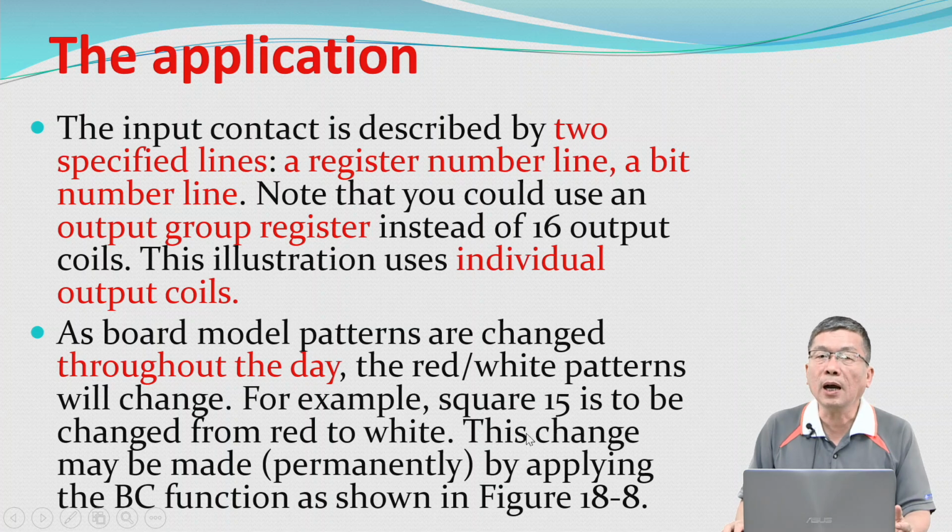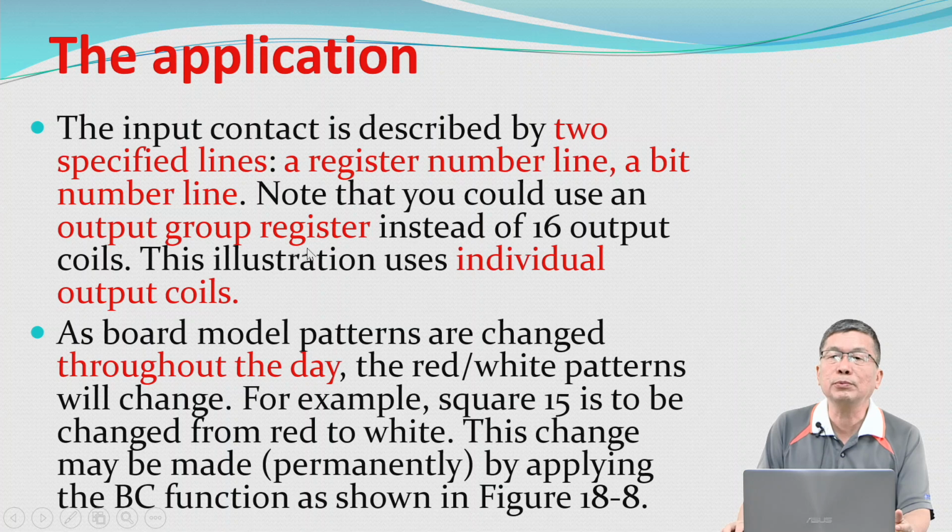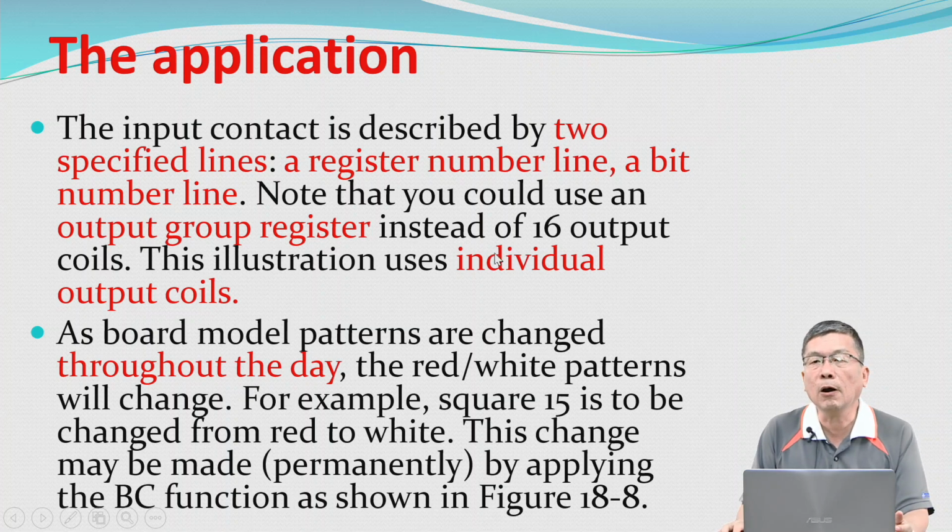The input contact is described by two specified lines: a register number line and a bit number line. Note that you could use an output group register instead of 16 output coils. This illustration uses individual output coils.